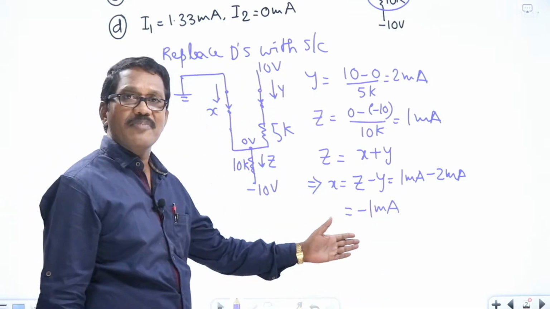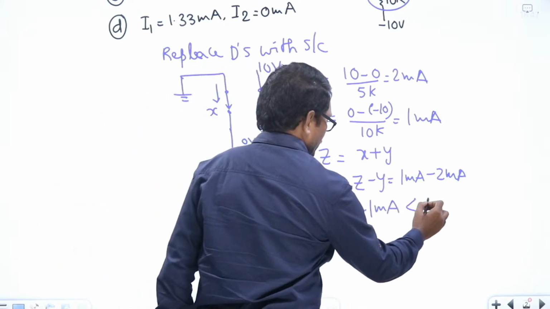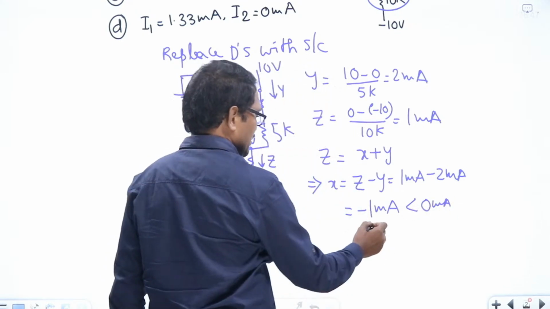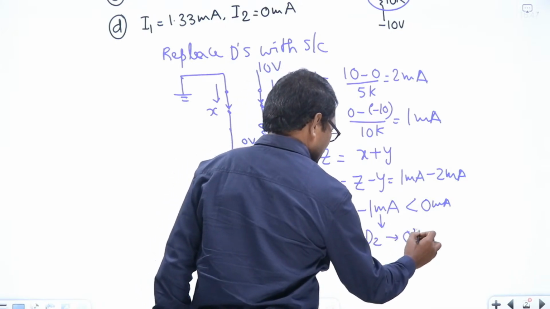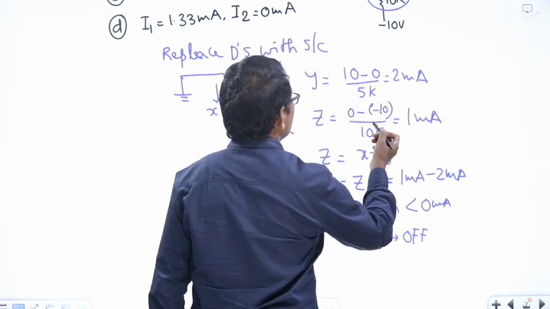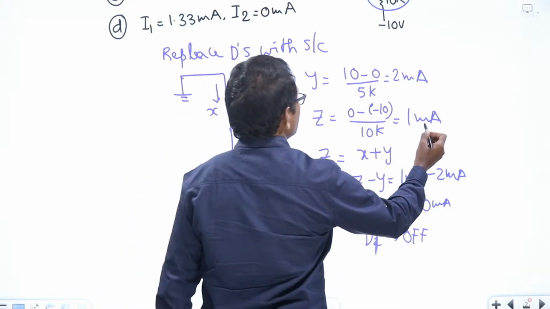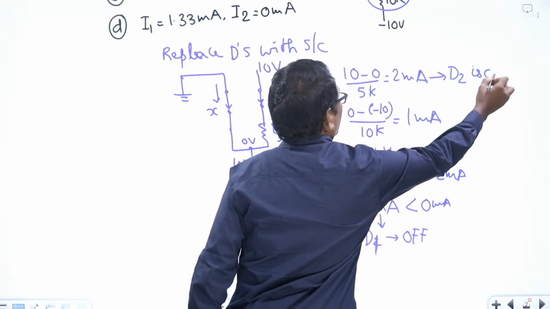Minus 1 milliampere is nothing but less than 0 milliampere. ID is less than 0. That means diode D1 is in off state, and from this we can say that D2 is on.